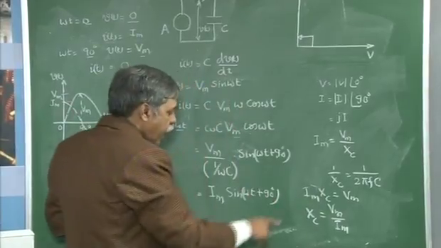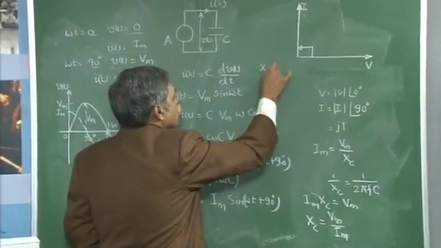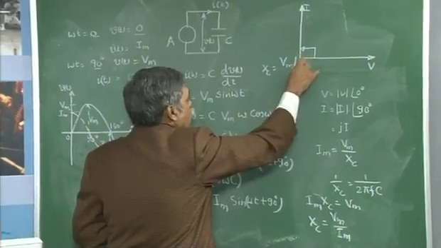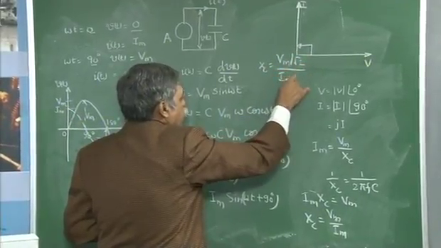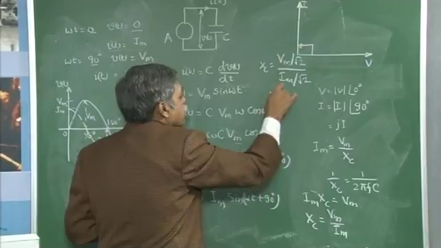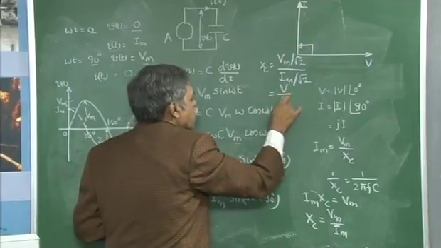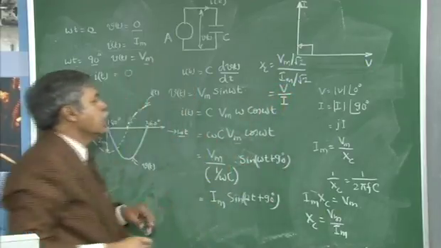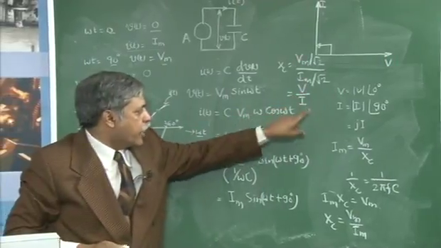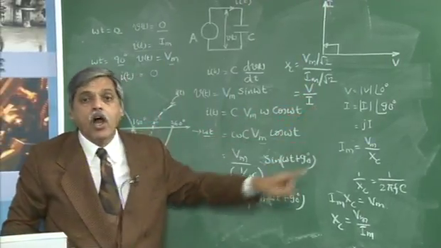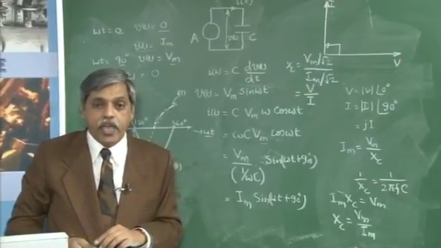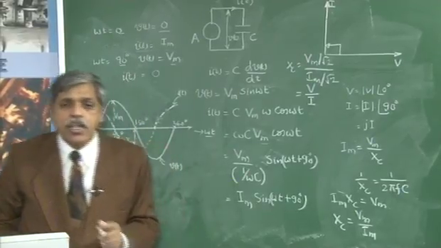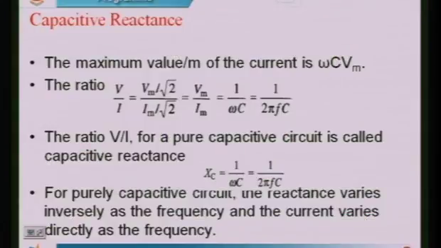I can write Xc equals Vm divided by root 2 over Im divided by root 2. So this gives us the RMS value of the voltage to the RMS value of the current. So the ratio of the RMS value of voltage to the RMS value of current also gives us the capacitive reactance for the circuit. In the last line here, I say for a purely capacitive circuit, the reactance varies inversely as the frequency and the current varies directly as the frequency.